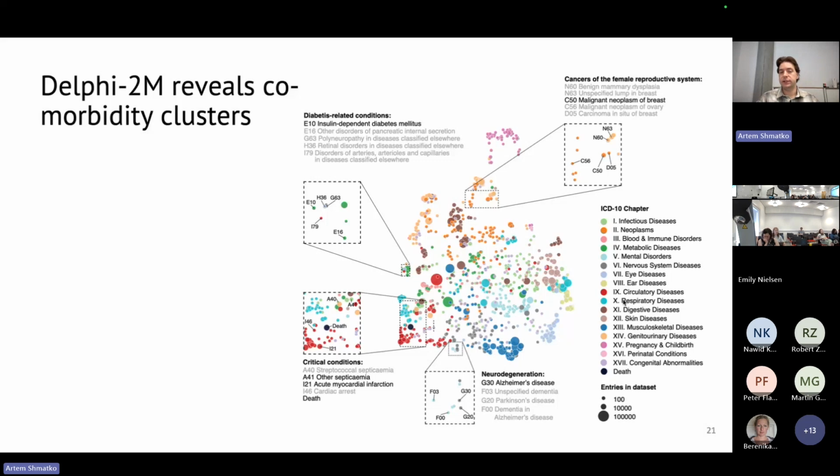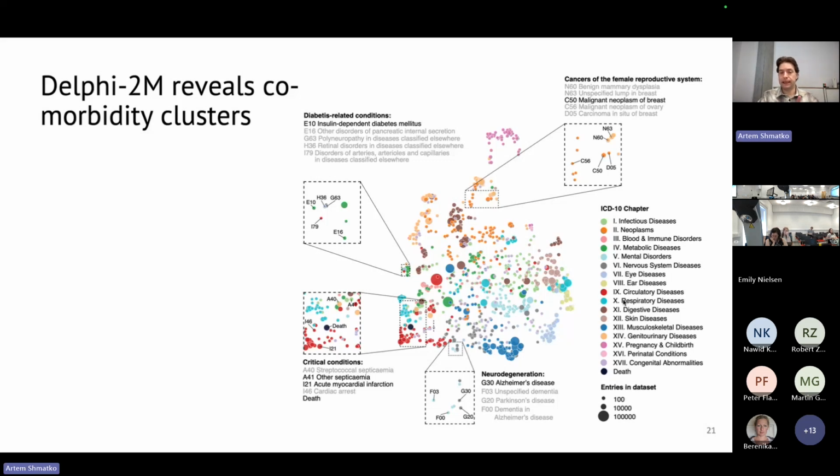And each disease gets this numerical representation in the form of a vector. And on top of these vectors, we can calculate the UMAP, the low-dimensional representation of them, to see the structure of this latent space that Delphi learned.